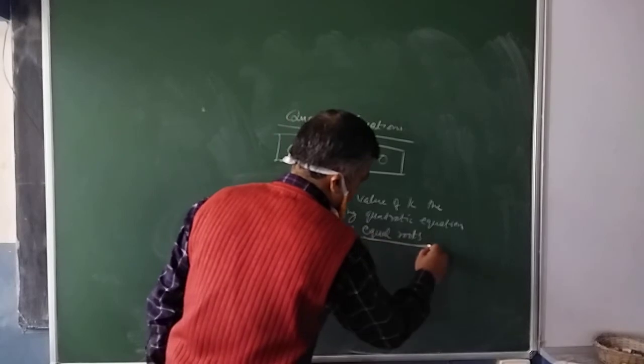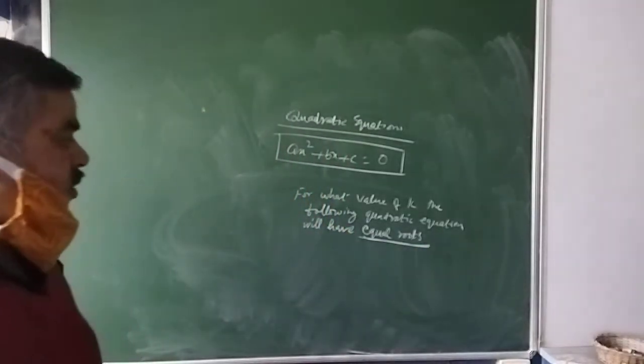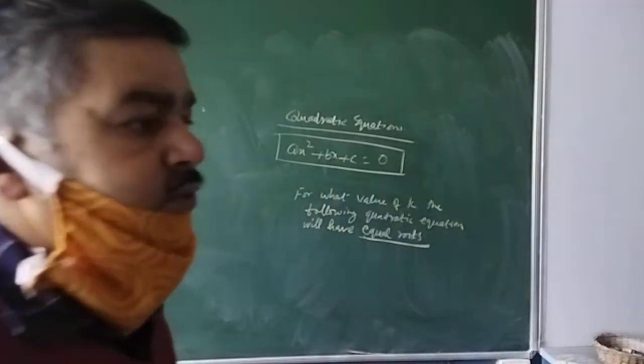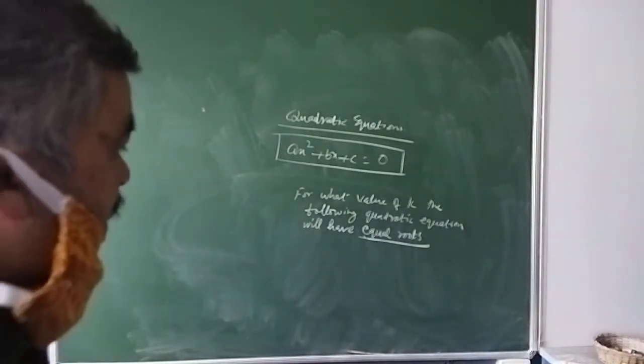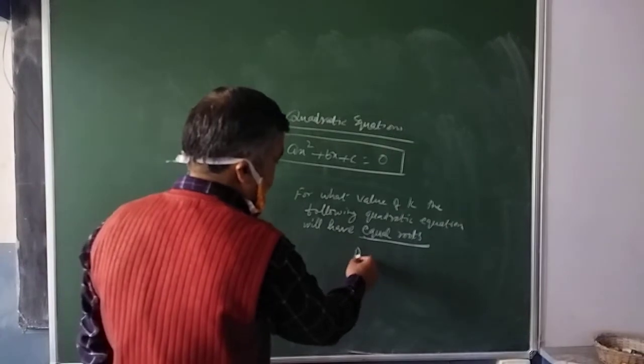I'm putting stress on equal roots. Okay, there will be no question on distinct roots, friend. The question will be on equal roots, where you are getting D is equal to 0.